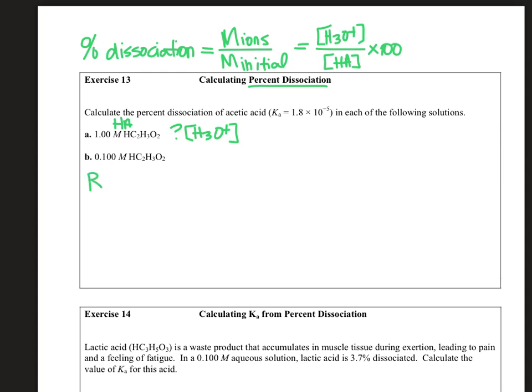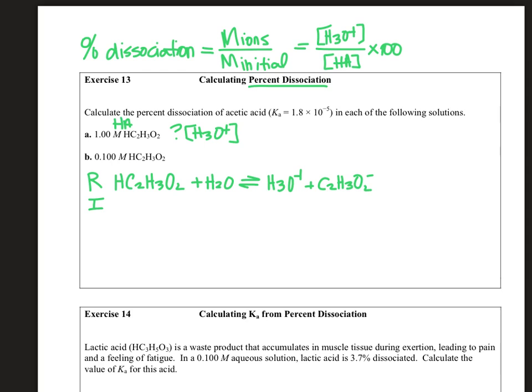So our reaction is going to be, we've already done this one before: acetic acid, C2H3O2, plus water. I'm going to go quickly on this one because we've already done that part. H3O plus, and then the acetate ion is my conjugate base.